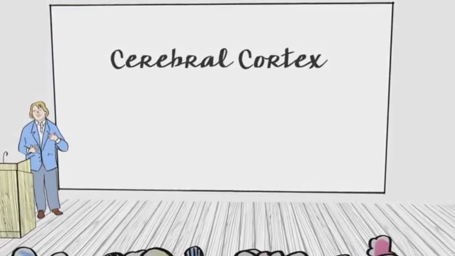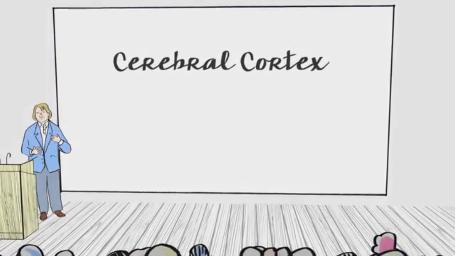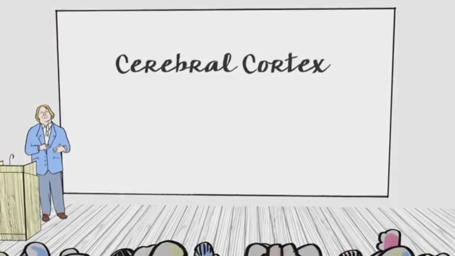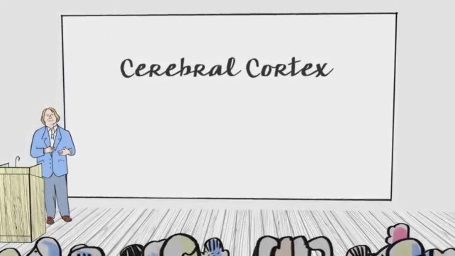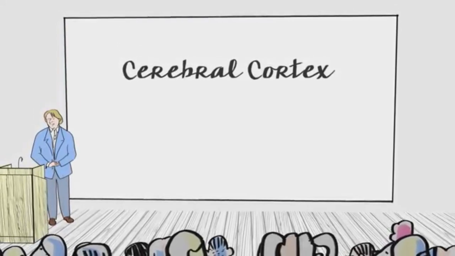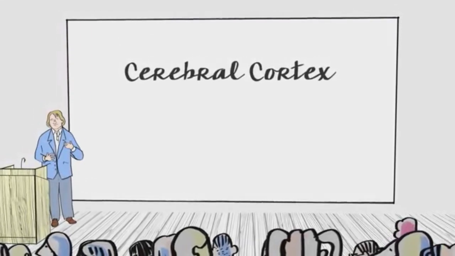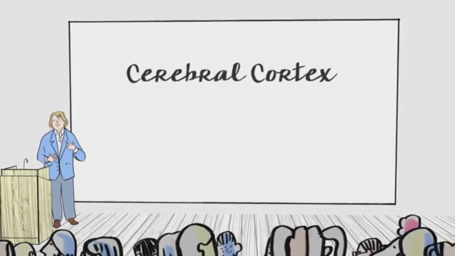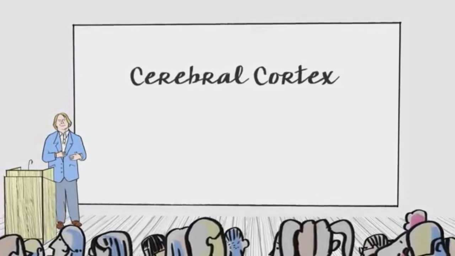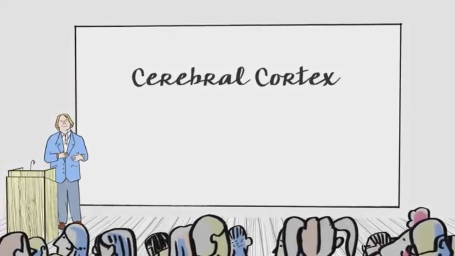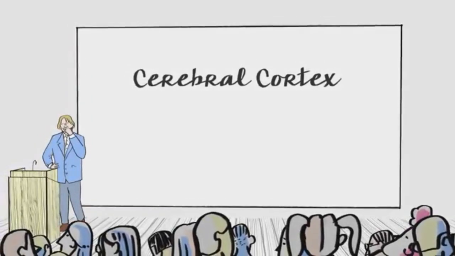Then the question comes in: how do we know this? How do we know what parts of the brain do what? What parts of the brain are involved and why? There are different answers. One answer is we can scan the brain. We can use MRI, which uses a high-frequency magnetic field, to look at the activity of the brain, what parts are active when people do different things.